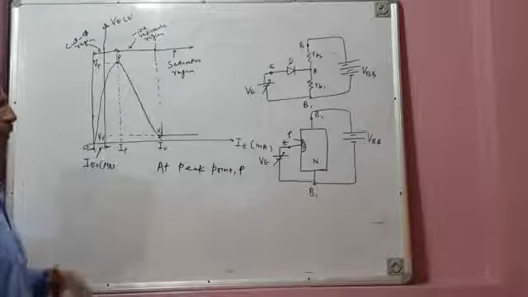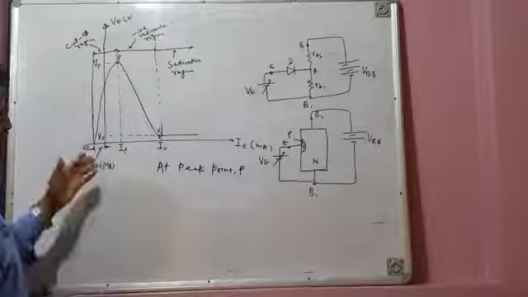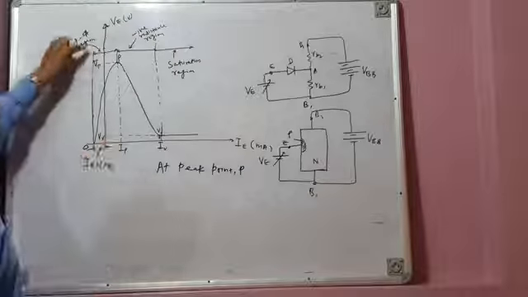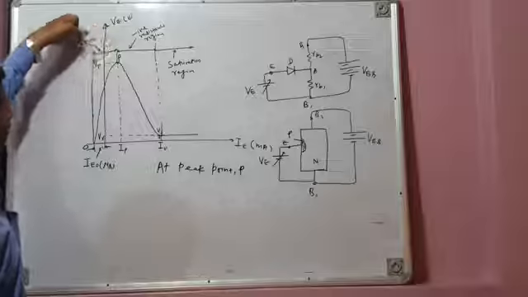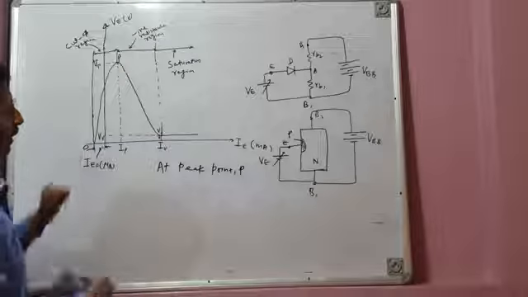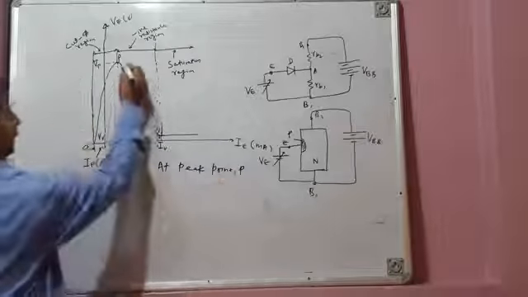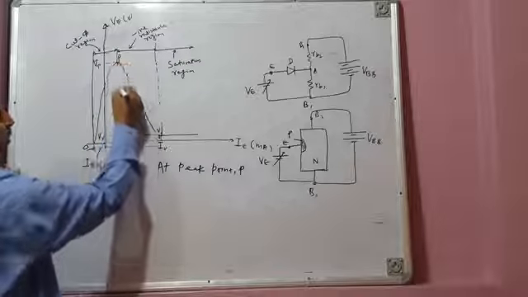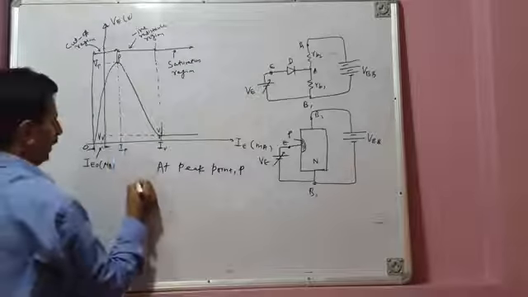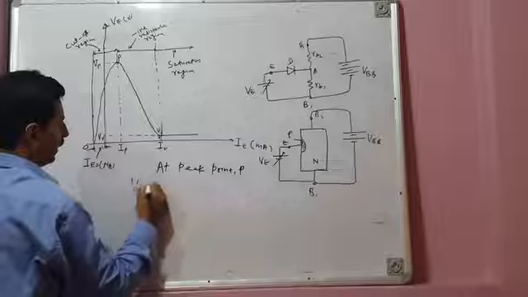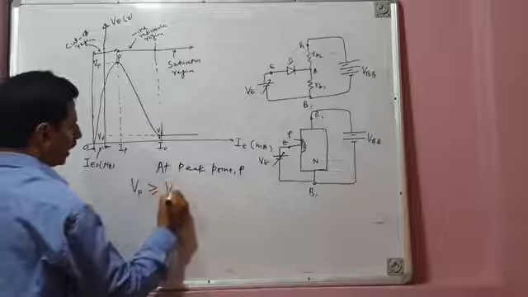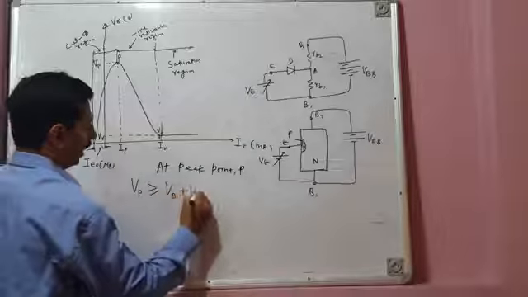It is of the order of a few microamperes. So device is in the cutoff state. So this region from O to P is called cutoff region. At P, the voltage across the device is peak point voltage Vp and the corresponding current is peak point current Ip. So this Vp becomes greater than or equal to cut-in voltage of diode plus Va.